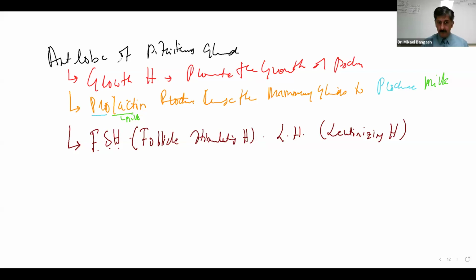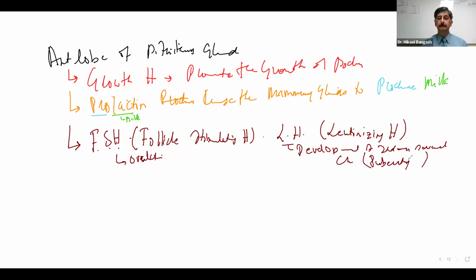Primarily they play a role in ovulation. The luteinizing hormone mainly plays a role in the development of what they call secondary sexual characteristics in the body, which happens at the age that we refer to as puberty.